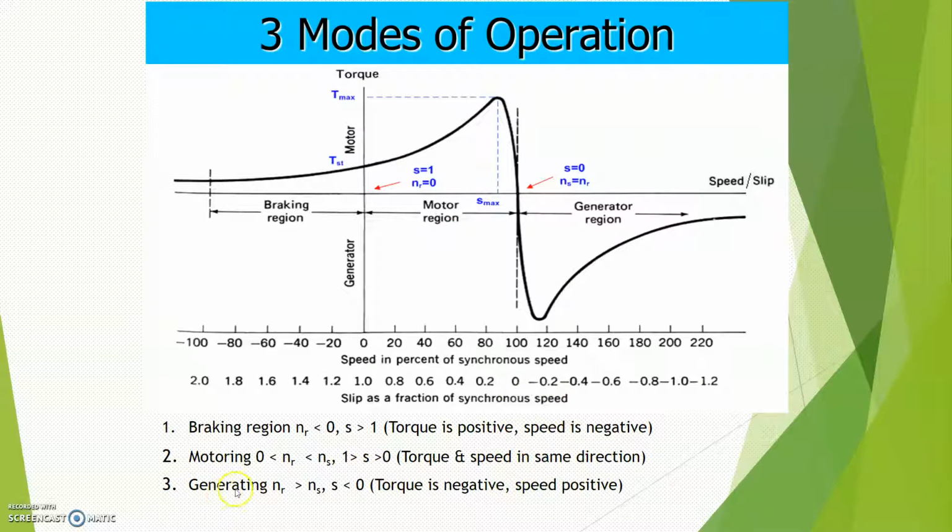In the generating region, the value of Nr, the rotor speed, is larger than the synchronous speed. In this condition, the torque is negative, and the speed is positive.